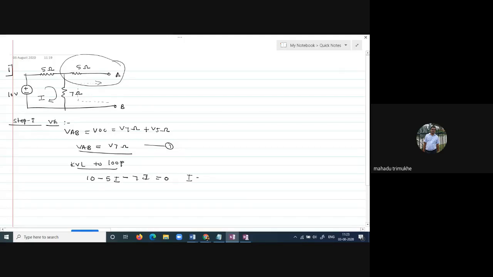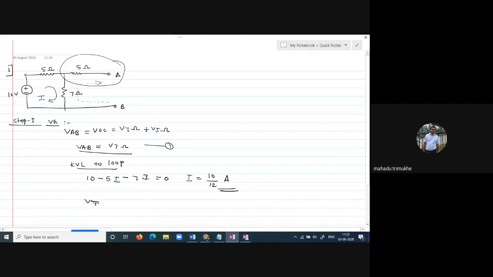I is nothing but 10 by 12 ampere. That way you find the current flowing through the loop. Now our aim is to find V7 ohm. V7 ohm is V equal to I into R, where R is 7 ohm.